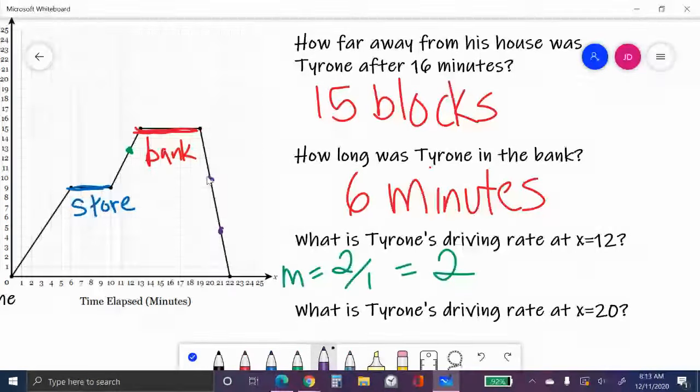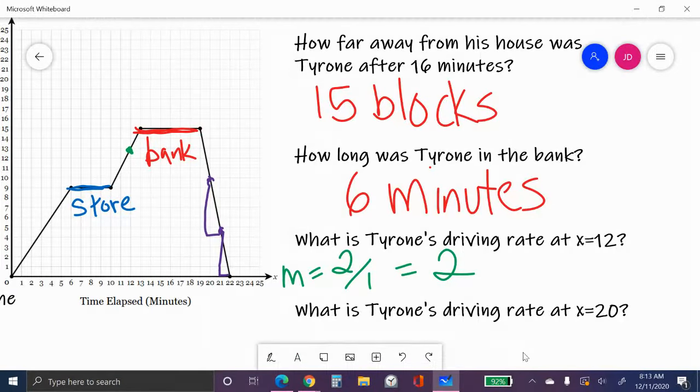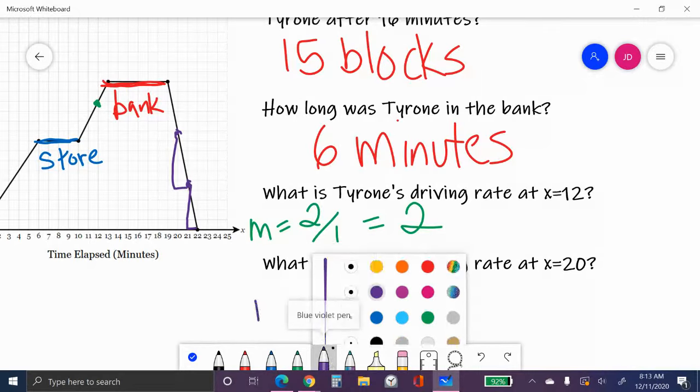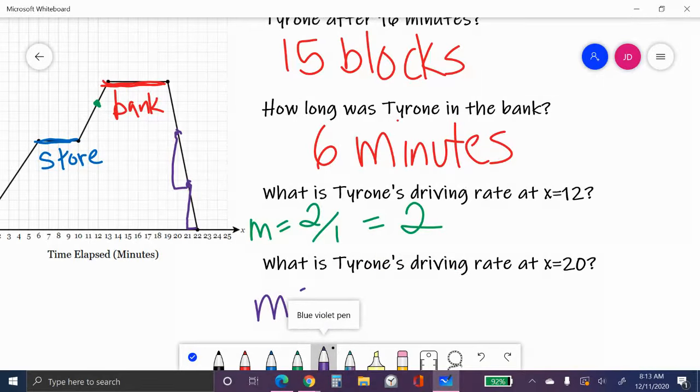So this one goes down 5, right 1. Make sure it's negative because it's going down. Negative 5 over 1, which is just negative 5. You could also have done, it goes down 10, right 2, and that reduces to negative 5 over 1 as well. So make sure your rates are simplified as fully as possible when doing this.